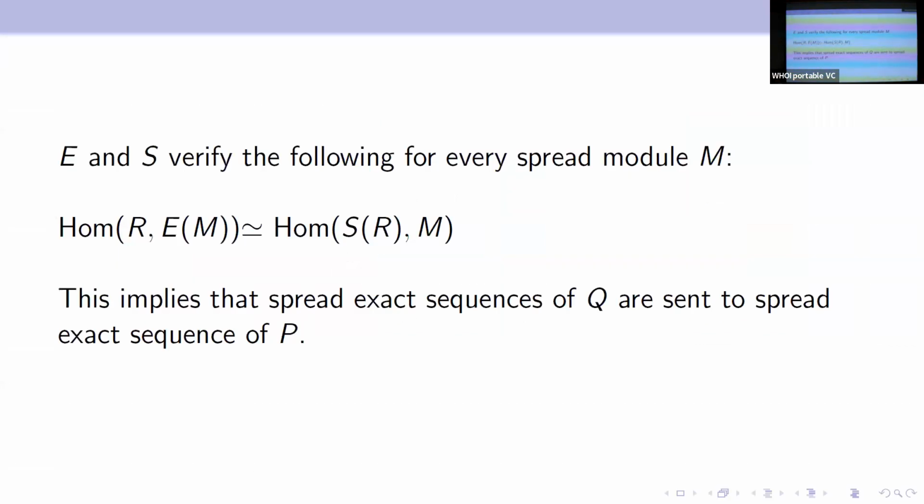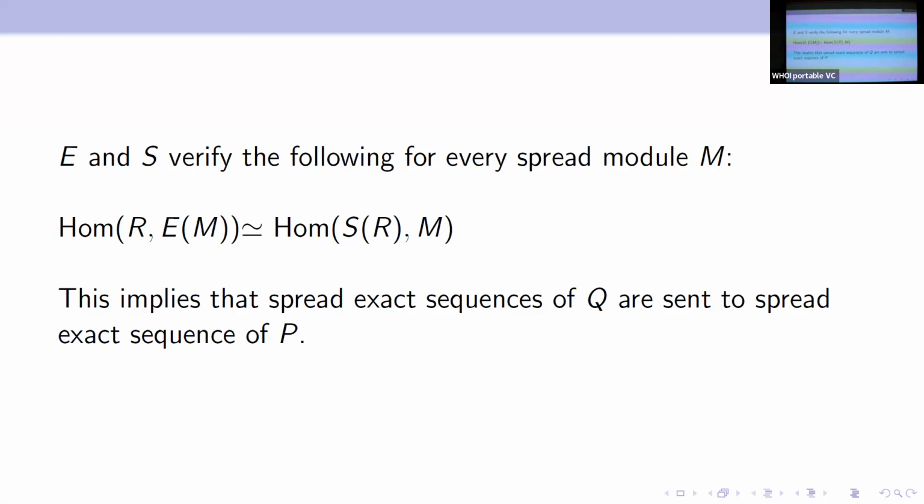These two, now function and functor, but you can extend to a functor, have the following property. Morphisms from an arbitrary spread to a module that's an extension are the same thing as a morphism from the snapping of your spread over the smaller grid to the module before you were extending it.